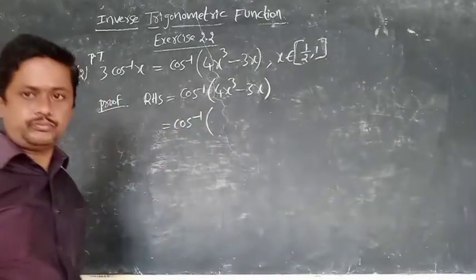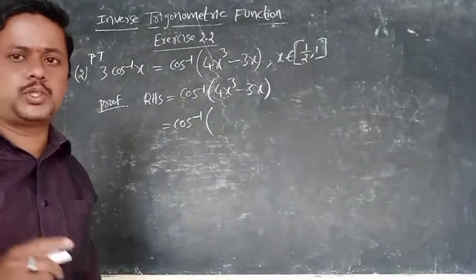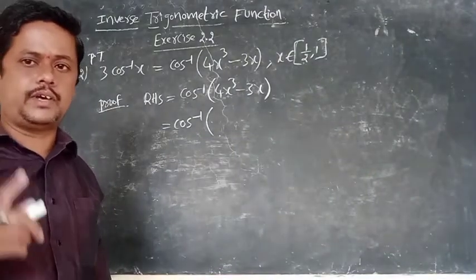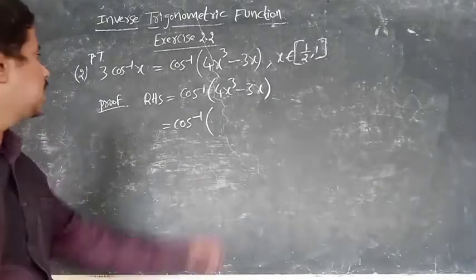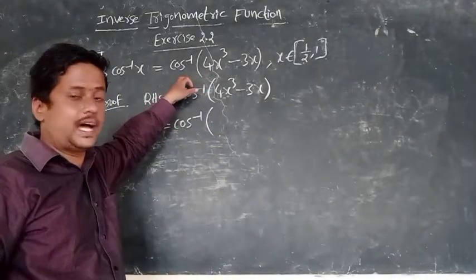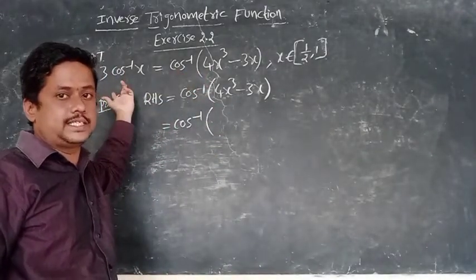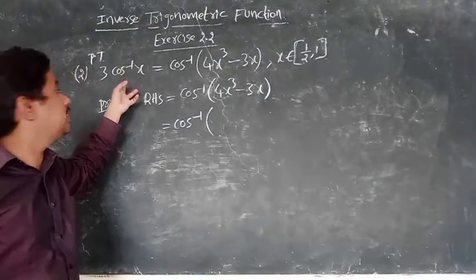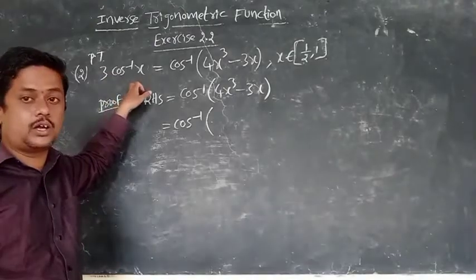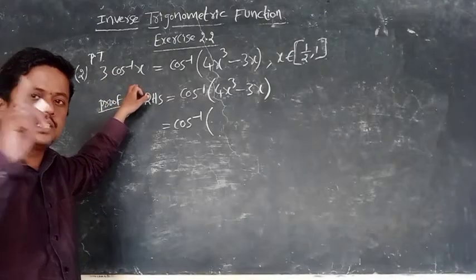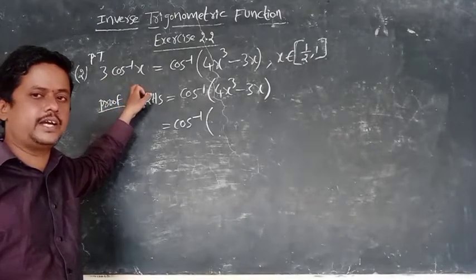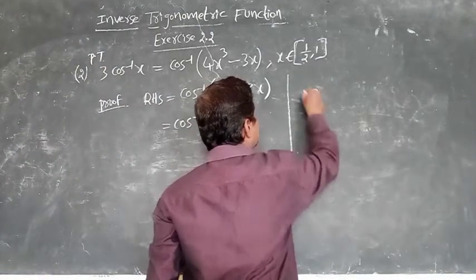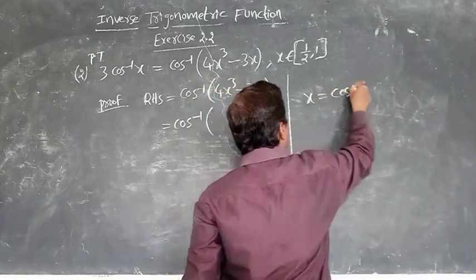We have to think what to substitute for x. For that, we consider the RHS and have to prove the LHS, so observe the LHS. What is there? 3 cos inverse x is there. That's why we have to consider cos related. So x is equal to cos theta.